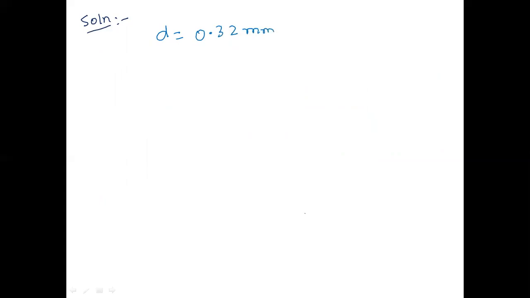Afterwards, I'll convert it. And then lambda, wavelength, they give as 500 nanometer. And they gave the angular range, it is from minus 30 degrees to plus 30 degrees. Fine. We need to find the number of bright fringes in this one.